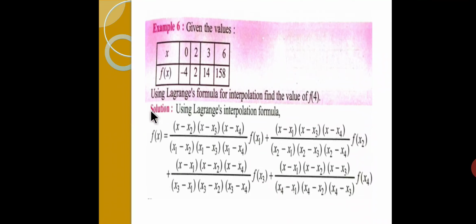So using the interpolation formula, f of x is equal to this Lagrange's formula. Here we substitute from the table: x0 is equal to 0, x1 is equal to 2, x2 is equal to 3, x3 is equal to 6, and y0 is minus 4, y1 is 2, y2 is 14, y3 is 158.